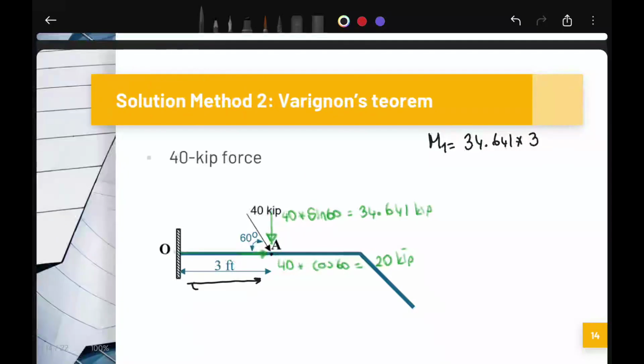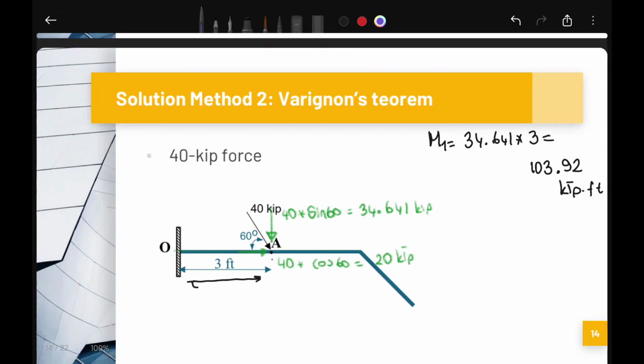That's why we multiply by 3. This is equal to 103.92 kip-feet. Exactly the same as the previous solution. This Y component tends to rotate clockwise, that's why we assign a negative sign.